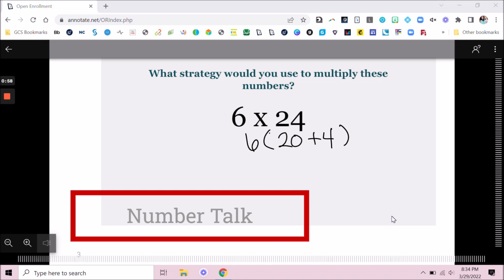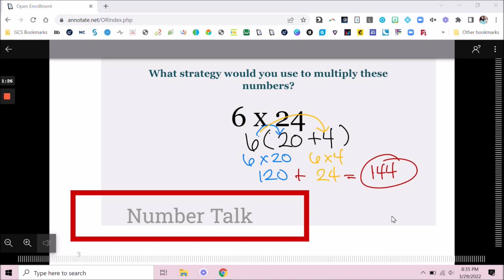So even though a student may not know what 6 times 24 is and may not be able to do that computation mentally, if we decompose that number, then we know that 6 times 20 is 120, and 6 times 4 is 24. So then we know that the product of 6 times 24 is the same thing as 120 plus 24, which is 144.